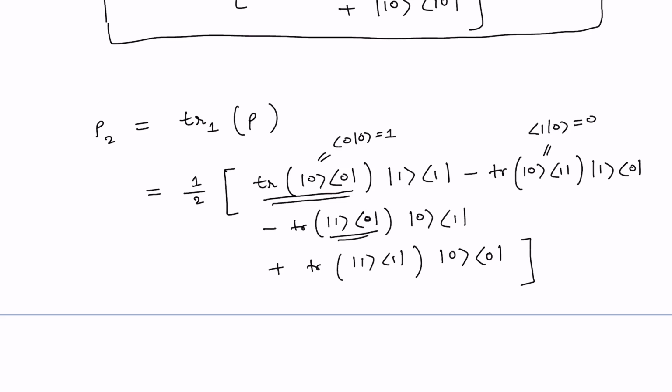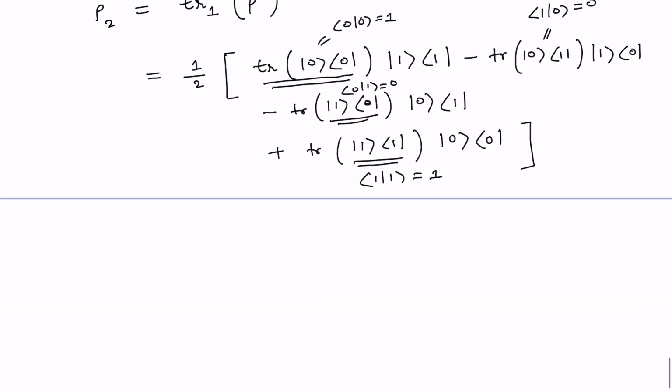Similarly here, this is going to give me the scalar product <0|1>, which is again equal to 0, and finally this one is going to give me the scalar product <1|1>, which is equal to 1. This will give me the density operator for the second qubit as rho 2 is equal to 1 half, I will have ket 1 bra 1 plus ket 0 bra 0.